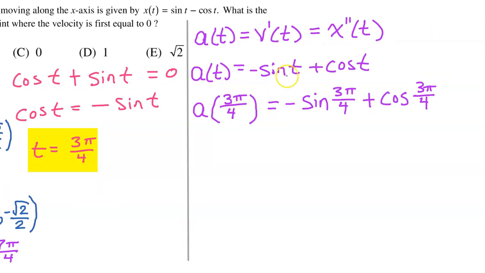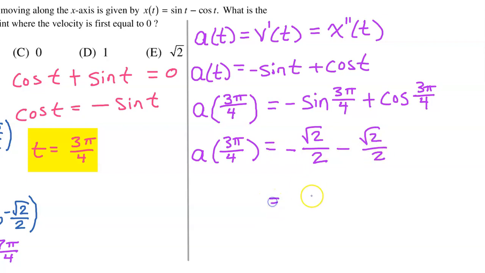Substituting 3 pi over 4 for t, we have this. Remember that the sine of 3 pi over 4 is positive radical 2 over 2. But then we have this negative sign in the front, so it becomes negative radical 2 over 2. Meanwhile, the cosine of 3 pi over 4 is negative radical 2 over 2.